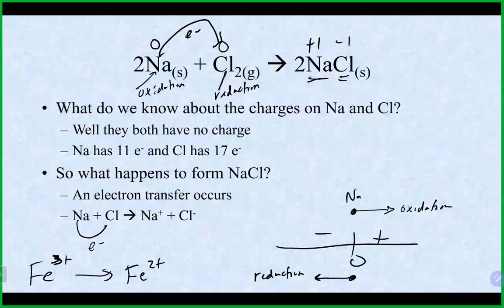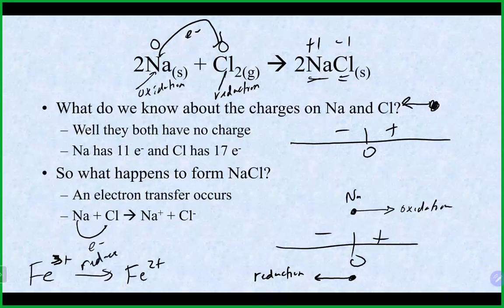So let's take a look and see. On the left-hand side, it is starting at +3, which would be here, right? And the right-hand side there is becoming +2, which means it's actually moving in this direction. So you are correct. It is actually being reduced in this case.